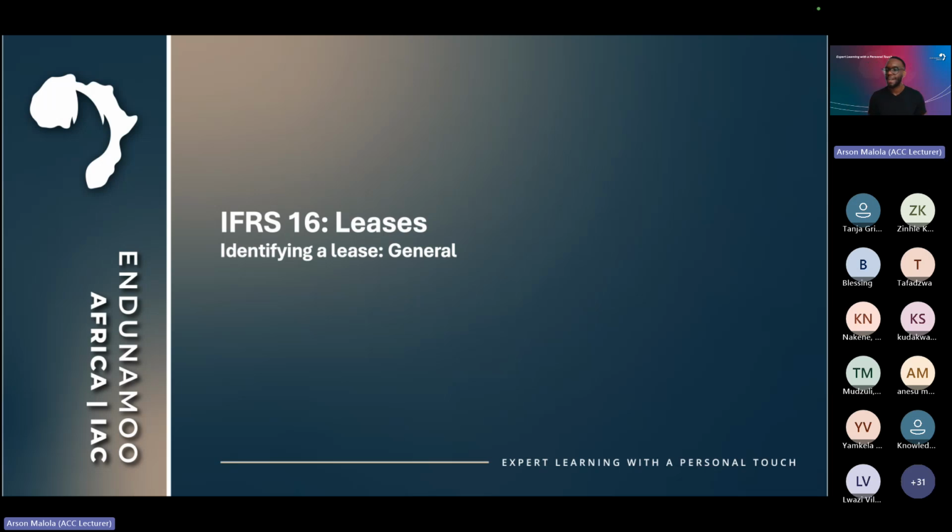Okay, so identifying a lease. Before we go into that, one more thing to mention. Another reason why IFRS 16 is always quite popular with these exams is that it's a newer standard. Barring IFRS 18 and 19, which are the newest standards but not effective yet, so you wouldn't need to worry about them, and IFRS 17, insurance, which is not part of your syllabus, IFRS 16 is the newest.